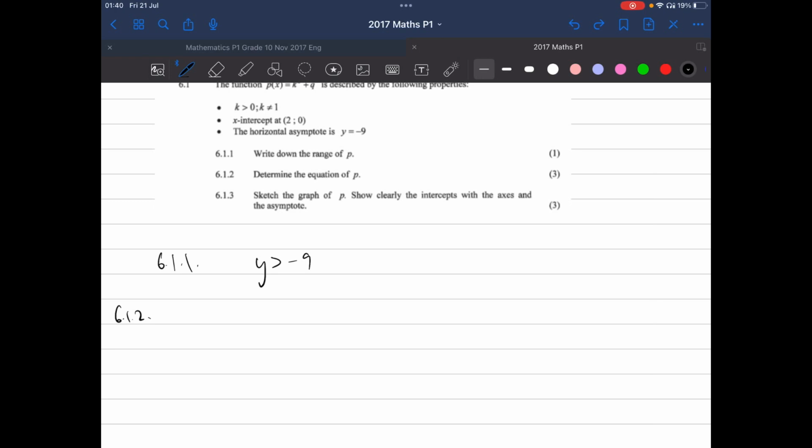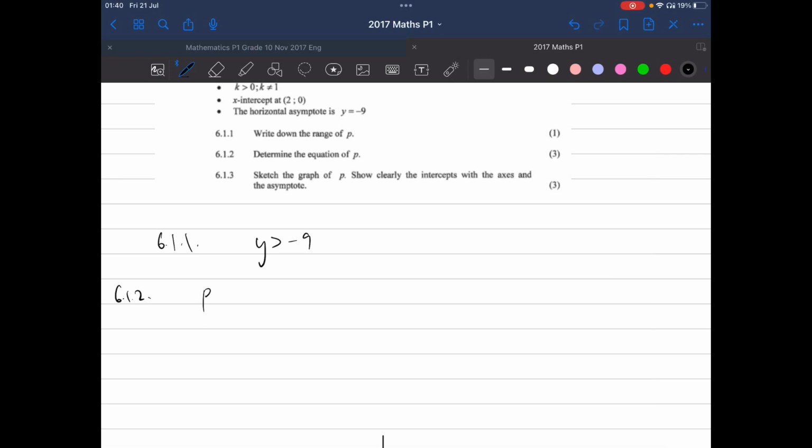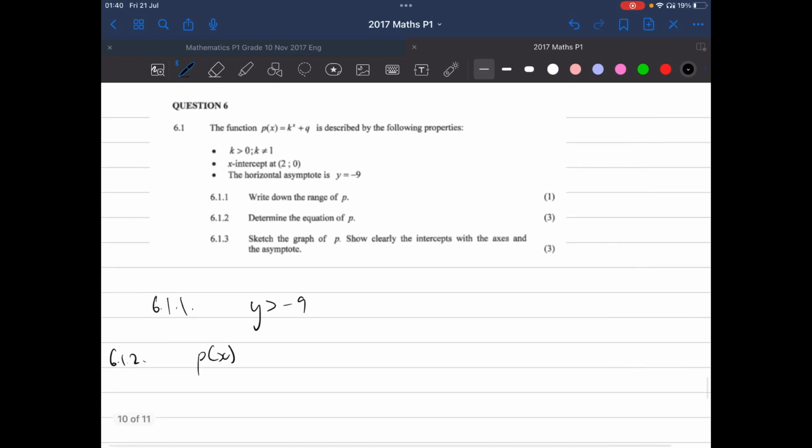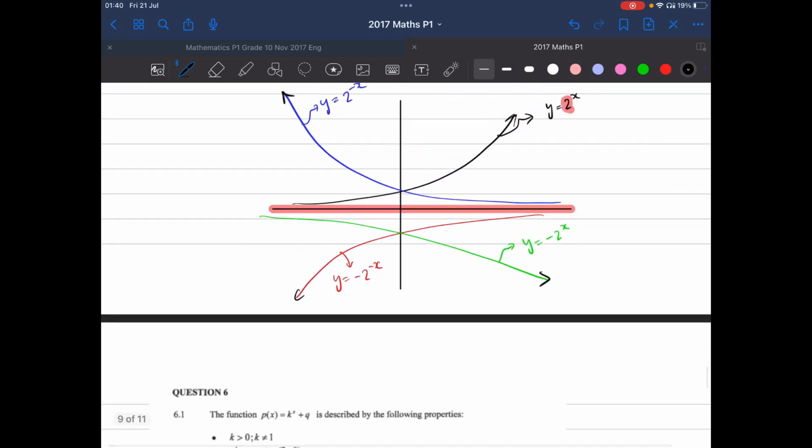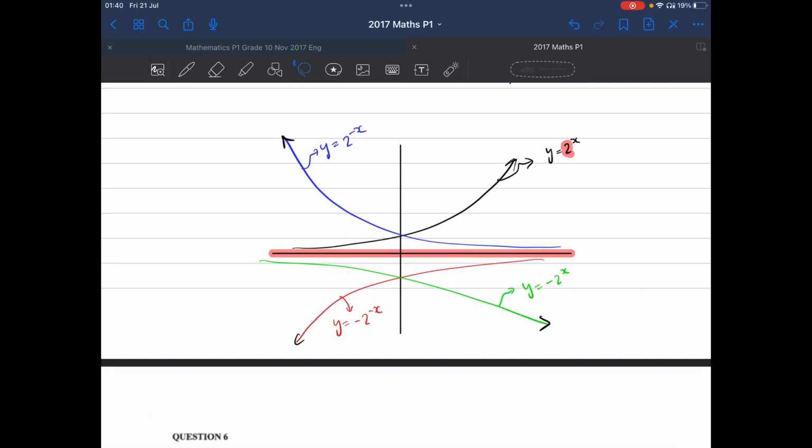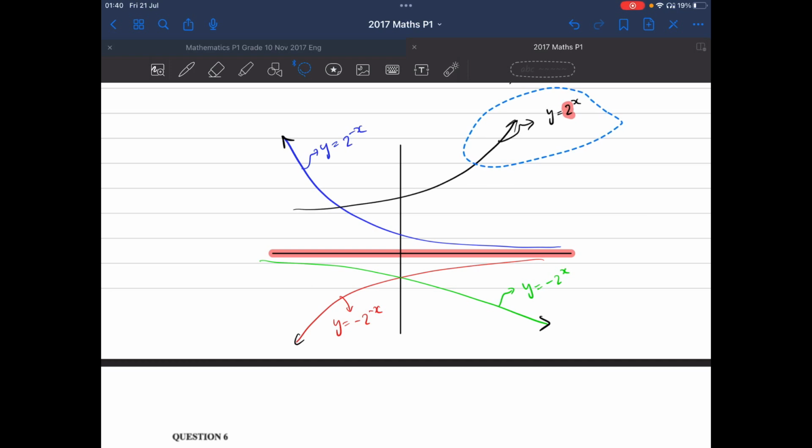Okay, so we have p of x. Okay. Now what does q represent? Q represents the shift. Okay, so let's say I took this black graph and I moved it up by 2 units.